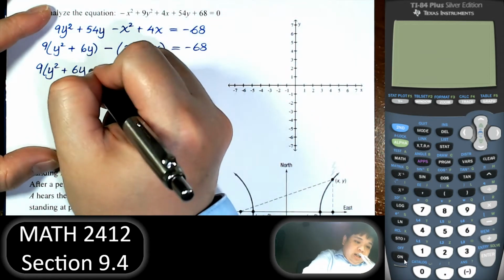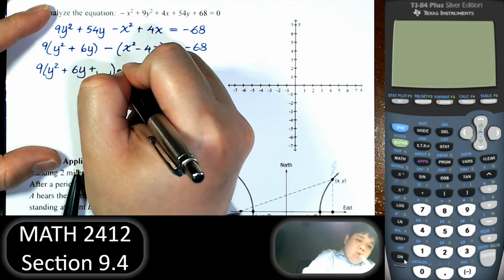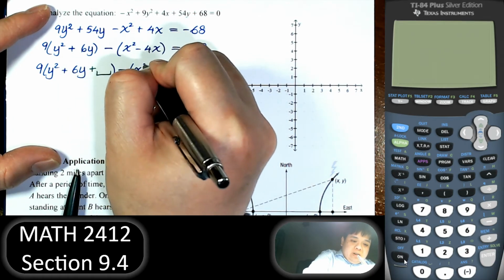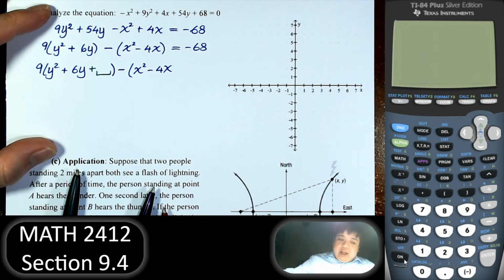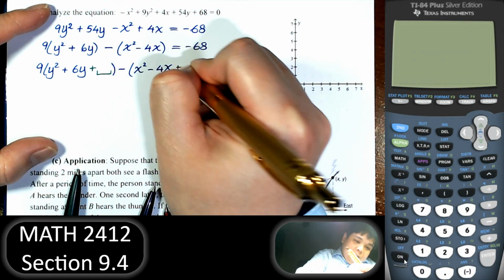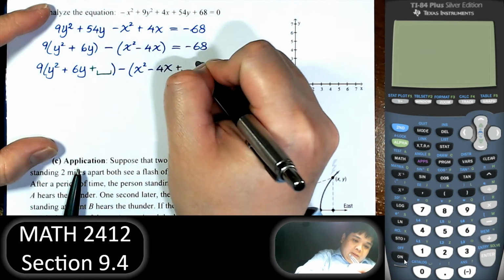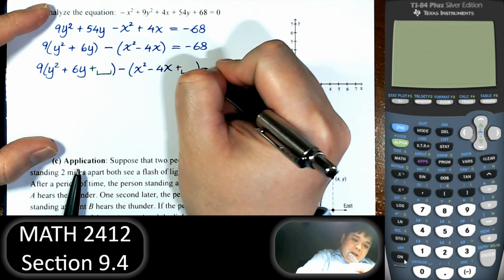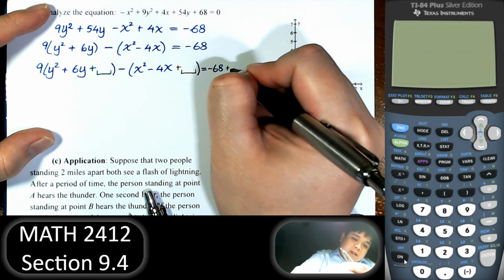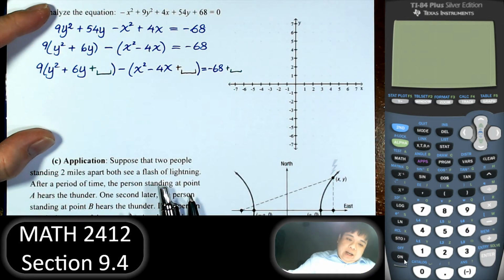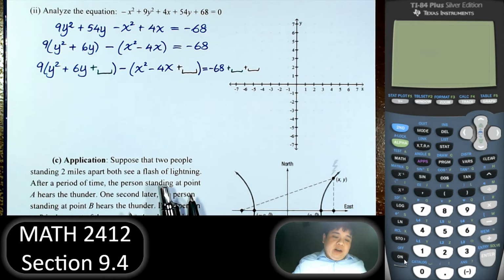We're going to add something here to make it a perfect square trinomial, and we're going to add something here, equal to negative 68.